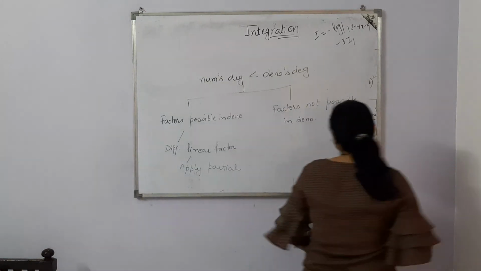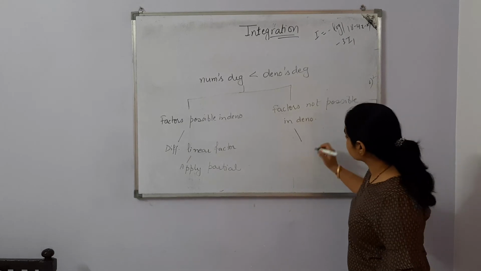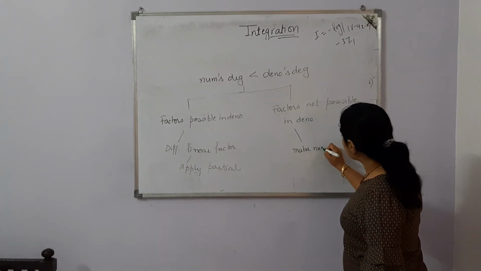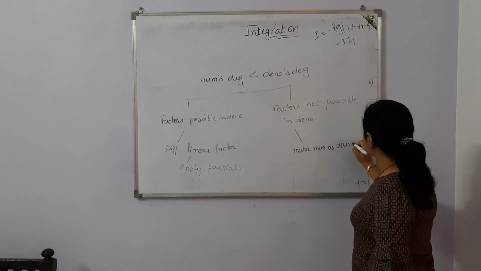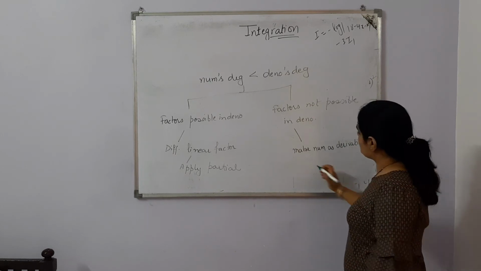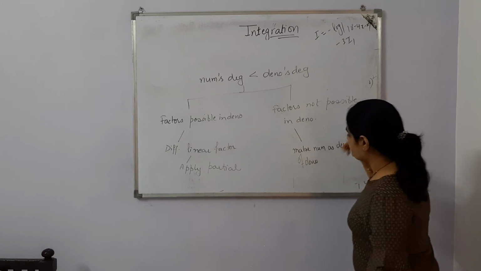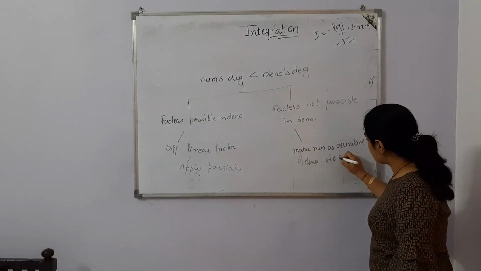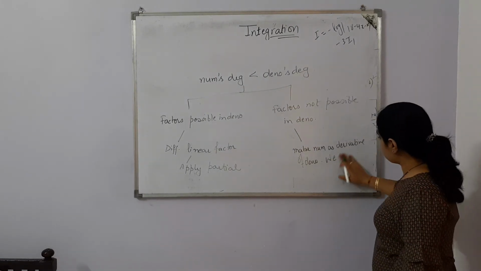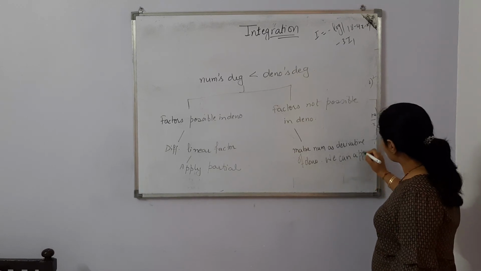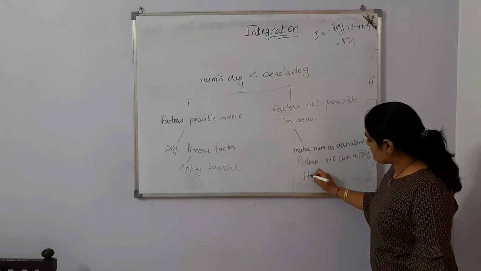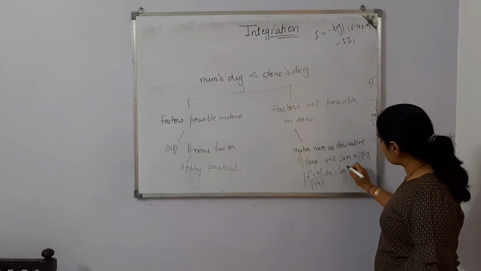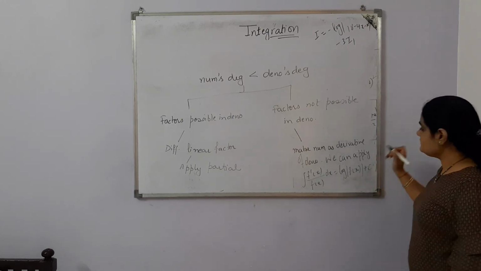But if factors are not possible in the denominator, first of all make the numerator the derivative of the denominator. Then we can apply function's derivative upon function's integral, which is log of f(x) plus c.